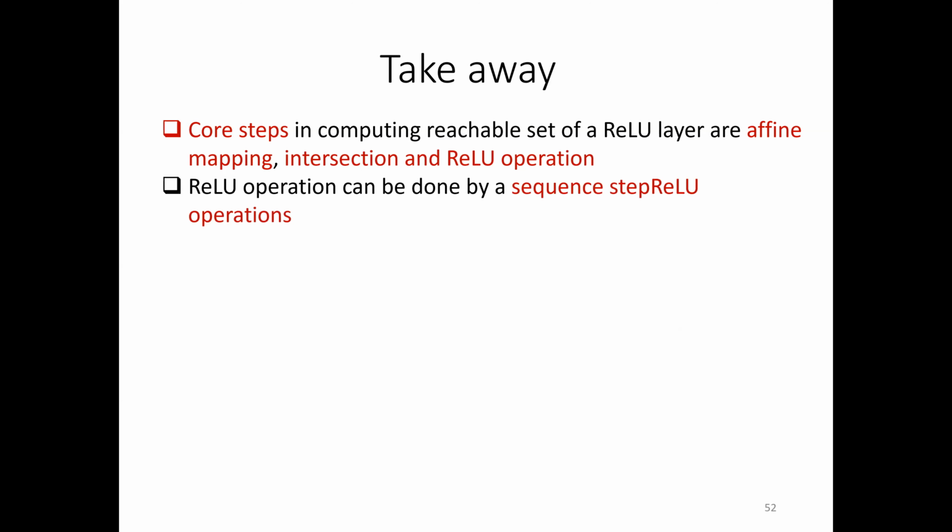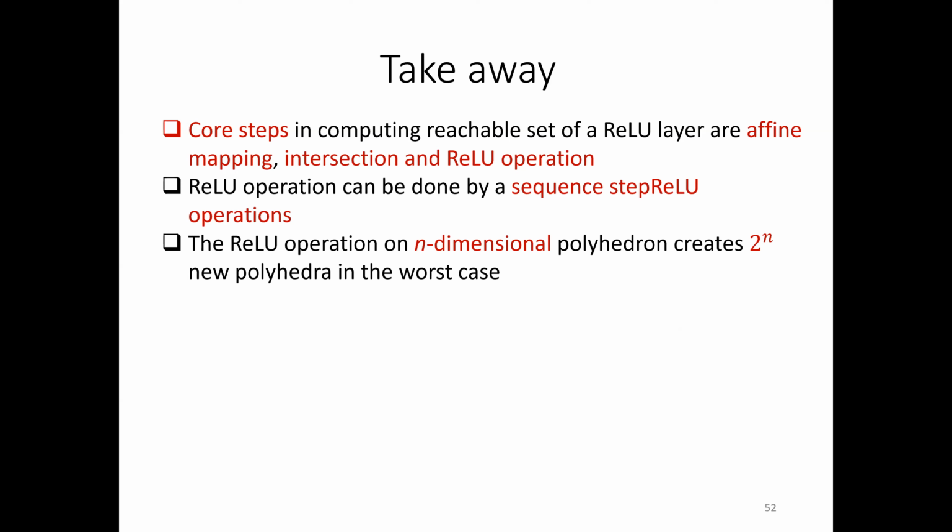The ReLU operations can be done by a sequence of step ReLU operations. And you already learned how to do step ReLU operations for a specific dimension. The ReLU operation on an n-dimensional polyhedron creates, in the worst case, 2 power n new polyhedra. From this approach, you can see that the exact reachability of a ReLU layer is decidable.